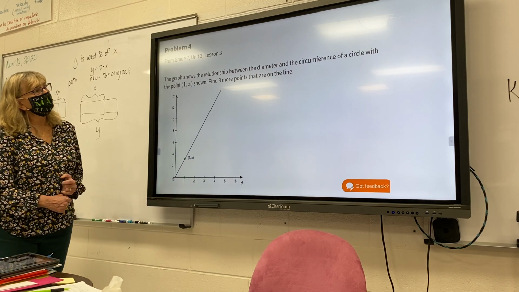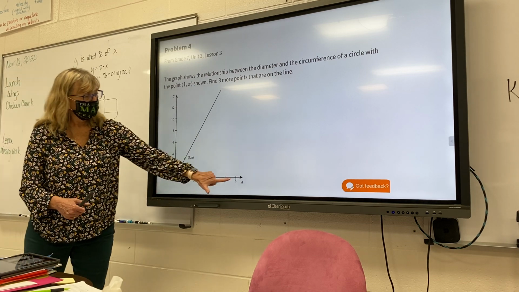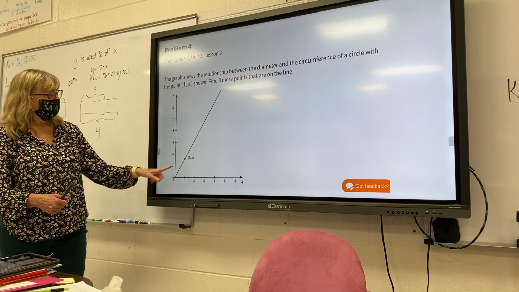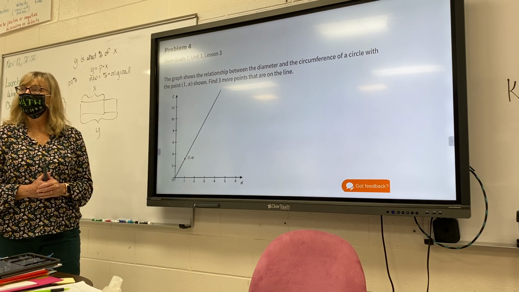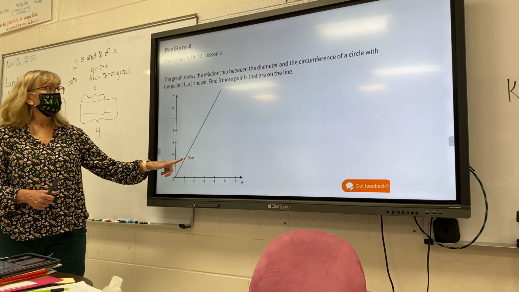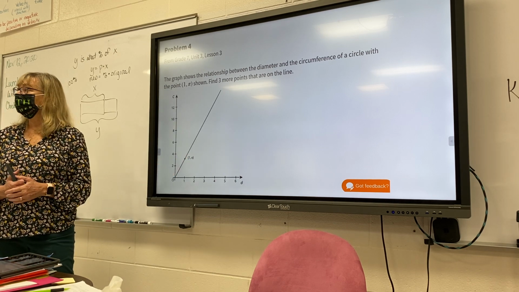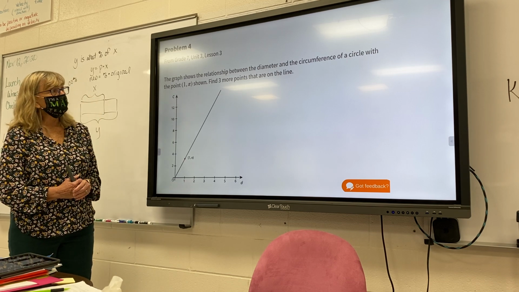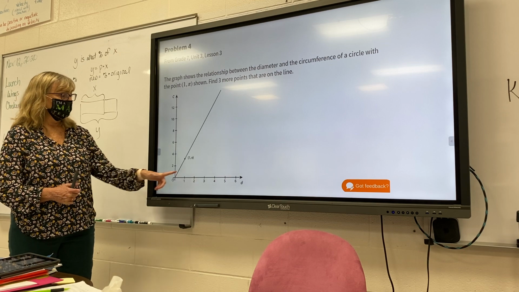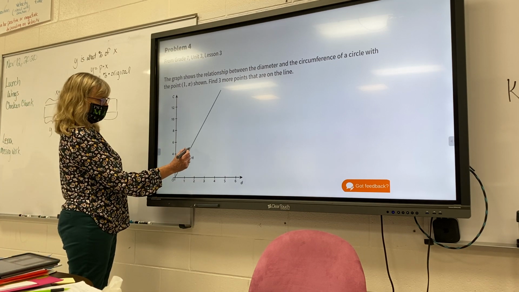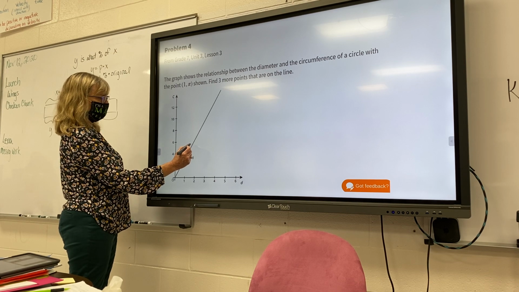The graph shows the relationship between the diameter down here and the circumference here with the point 1 comma pi. If the diameter is 1, what is the circumference? Pi, right? Because isn't circumference pi d? They want us to find 3 more points on the line. So if the diameter is 2, what is the circumference going to be?